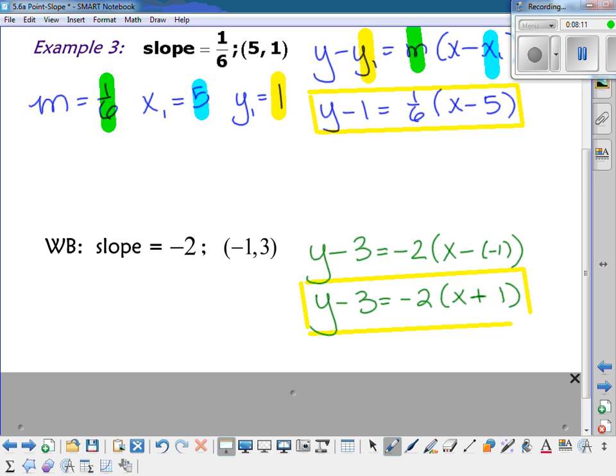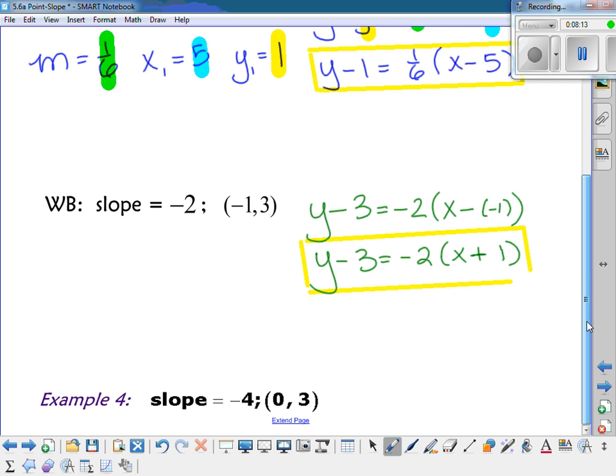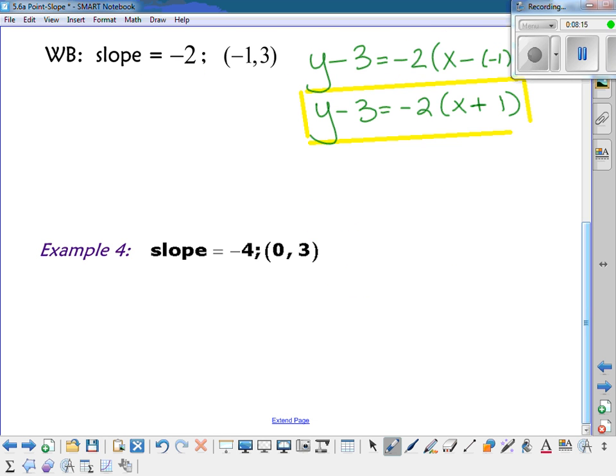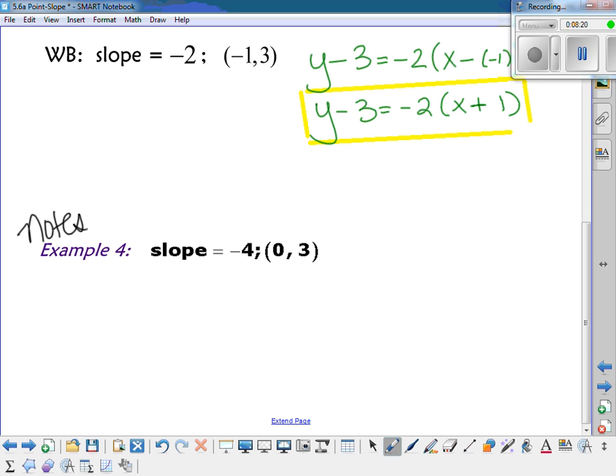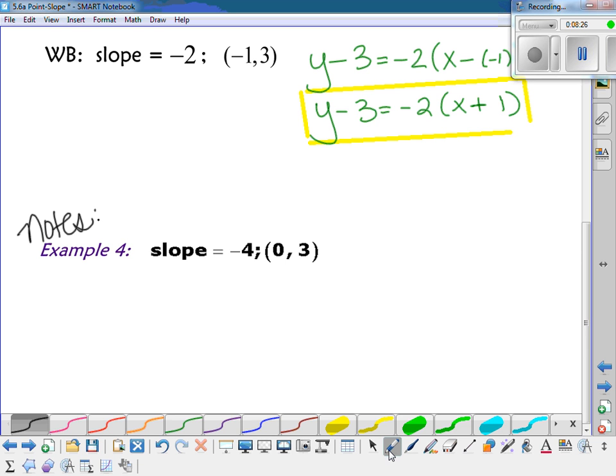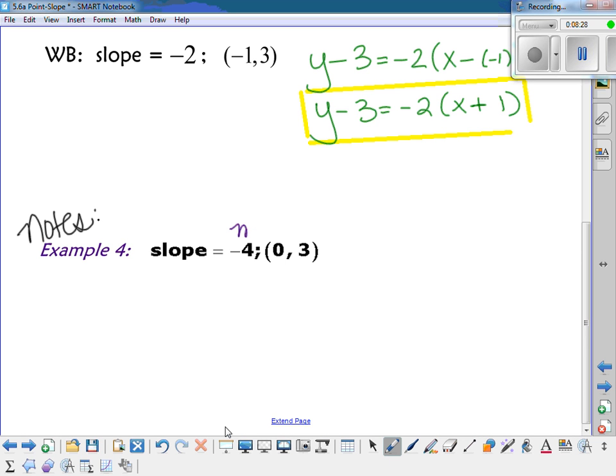All right, this next one is for your notes. So for this one, we have a slope of -4. So that's my m. And then the point is 0, 3, so that's my x sub 1, y sub 1.